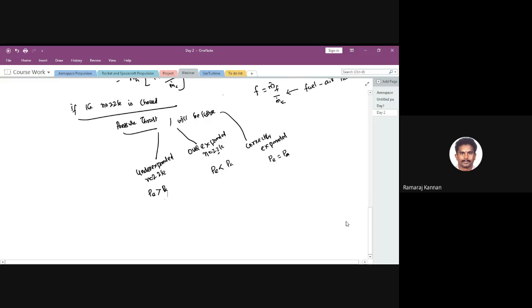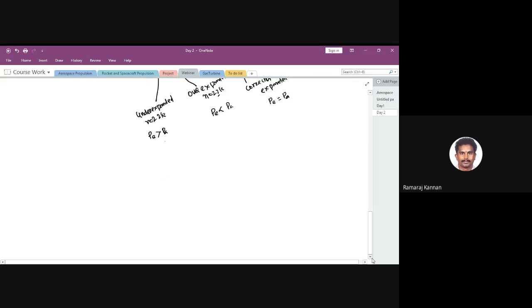Here we have to remember, if you look at it, your nozzle is going to be like that. Sometimes if you look at the exit of the nozzle, go and open YouTube and see the jet exhaust in the rocket or in your air breathing engine. You can see a diamond-like pattern.